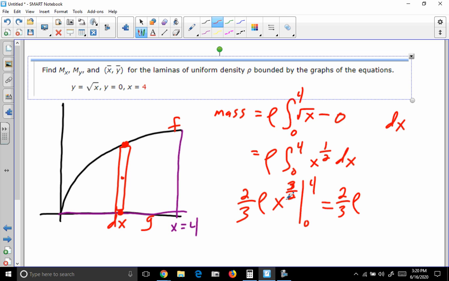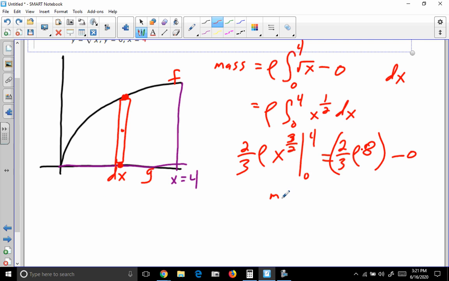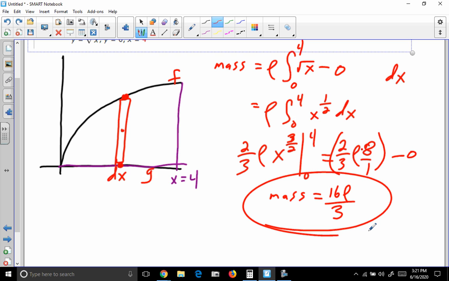The square root of 4 is 2, to the 3rd power is 8. If we put a 0 in, 0 to any power is 0. So our total mass of that whole area is 2 times 8, so 16 times rho over 3. If you were to tell me the density of that region, I could tell you the mass.